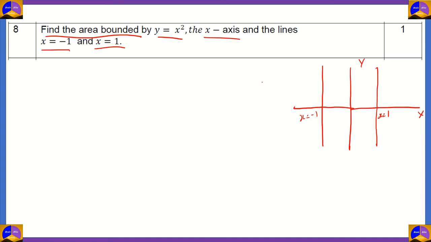Next, another boundary is the x-axis, so this will be a boundary by itself. And the final boundary is y equals x squared. This is a function which is parabolic.